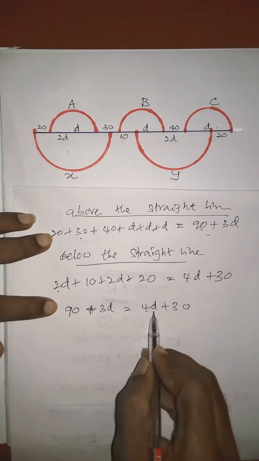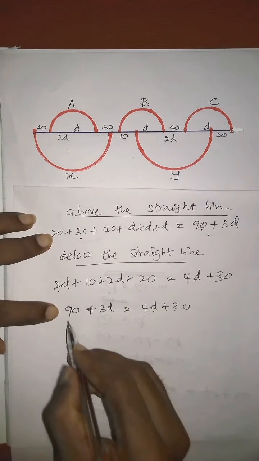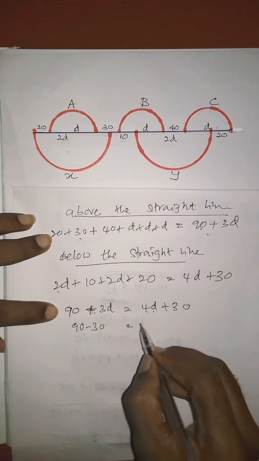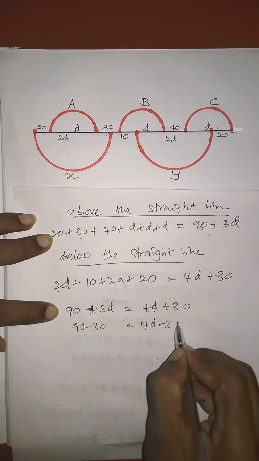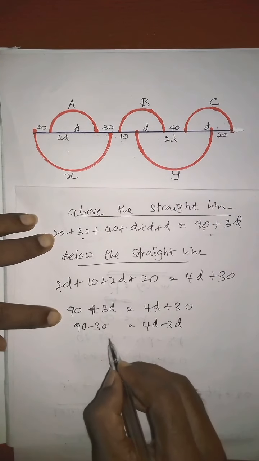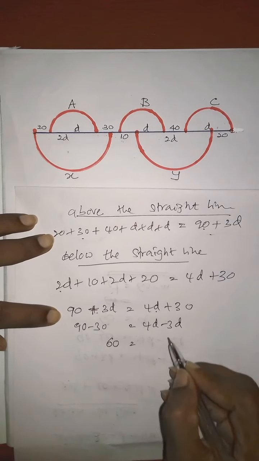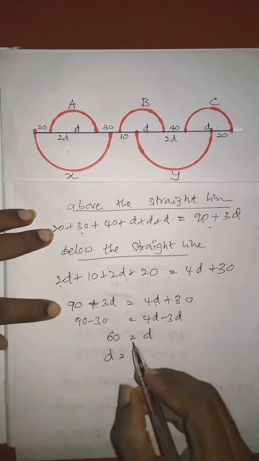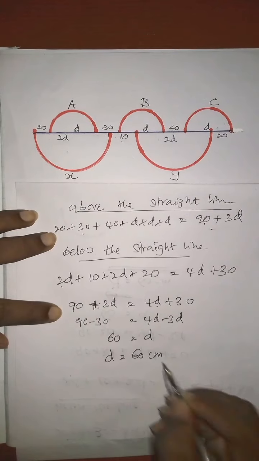Take 3d to this side, it becomes negative, and take 30 to the other side, it becomes negative. 90 minus 30 equals 4d minus 3d. Then 90 minus 30 is 60, and 4d minus 3d is d. Then d is equal to 60 centimeters.